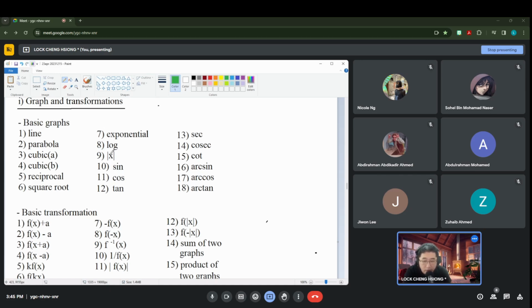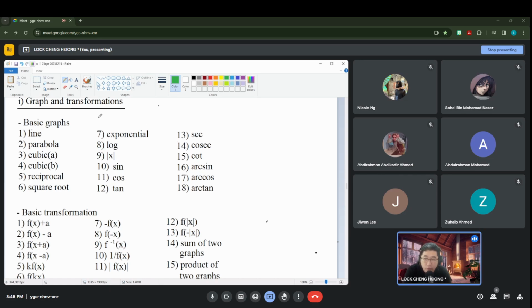This one, 7 and 8, we will focus on more later in chapter 2. Then modulus x, which is what you're doing here. Then 10, 11, 12, 16, 17, 18 are in your P1. Then after that, 13, 14, 15 will come in chapter 3.